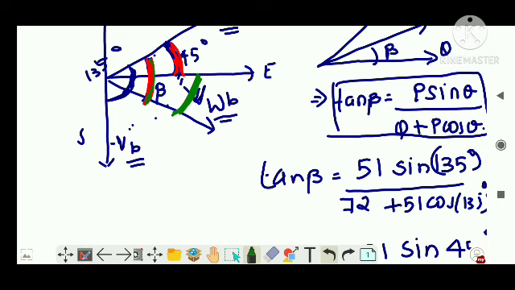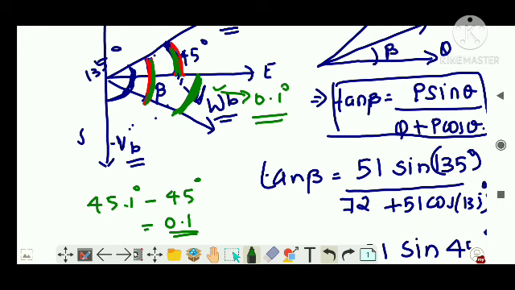If I remove this from that, I can get this one. When I remove 45 degrees from 45.1 degrees, you will get 0.1 degrees, right? So this value is 0.1 degrees. So the flag is trying to move towards east at an angle of 0.1 degrees, so it will flutter almost due east.